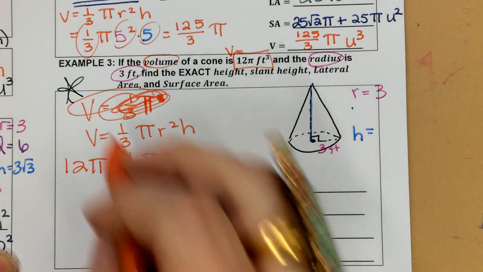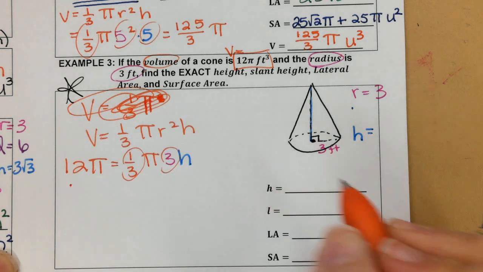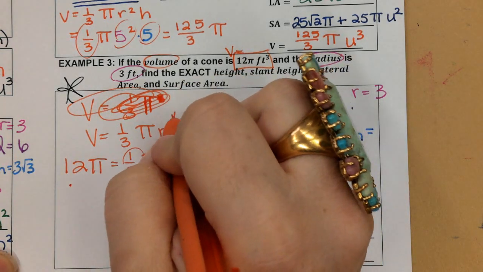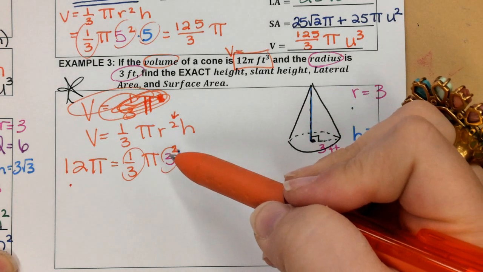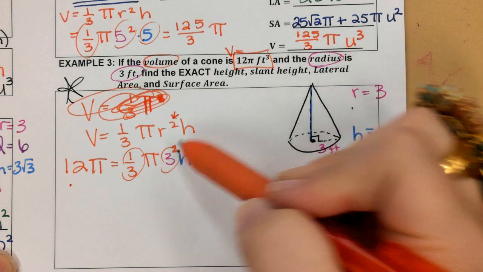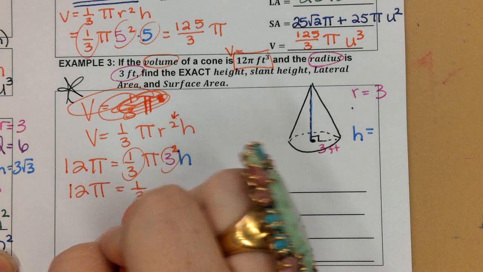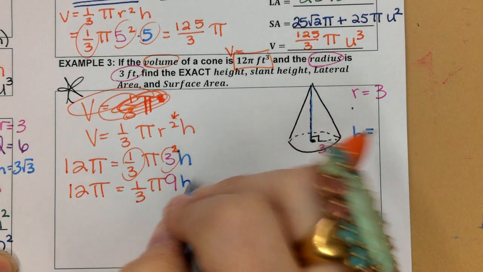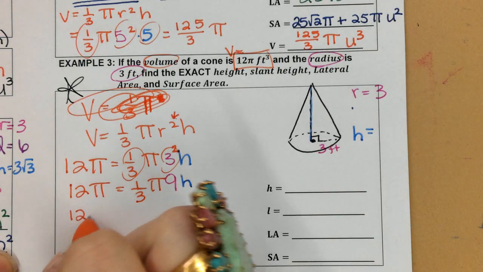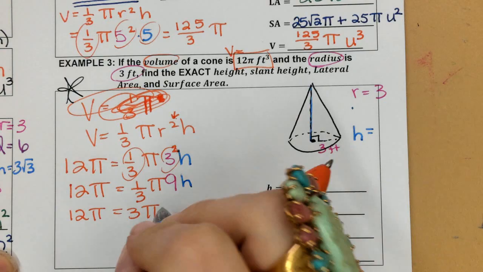So simplifying this down some, and that should be 3 squared, yes? So make sure to add that because I missed it. 1/3 of 3 squared. 3 squared is 9. So 1/3 of 9 is 3.